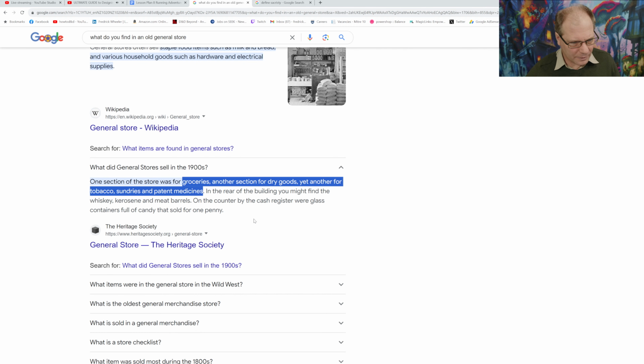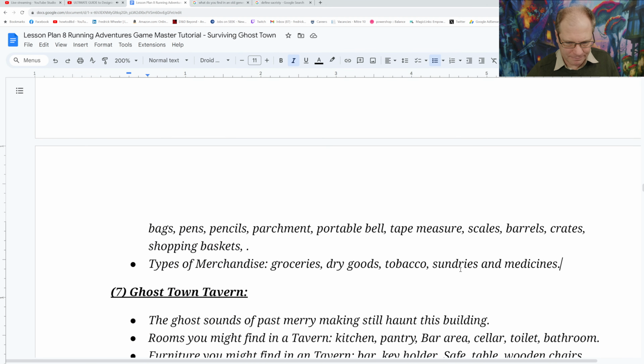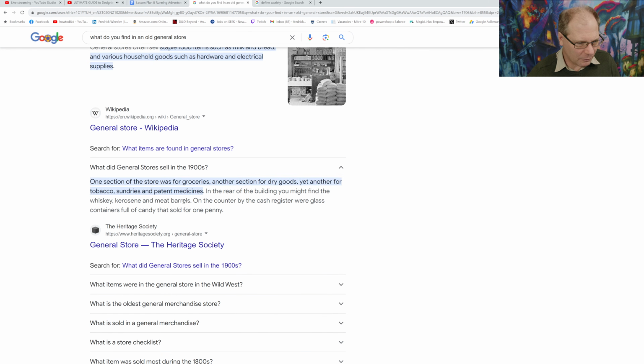So here in the rear of the store you might find kerosene, whiskey, and meat barrels. Candy. Actually, that's probably a good point. Candy. That was a big thing in these things, weren't they? General stores had so much candy. And then the other one here we'll go with whiskey, kerosene, meat barrels.